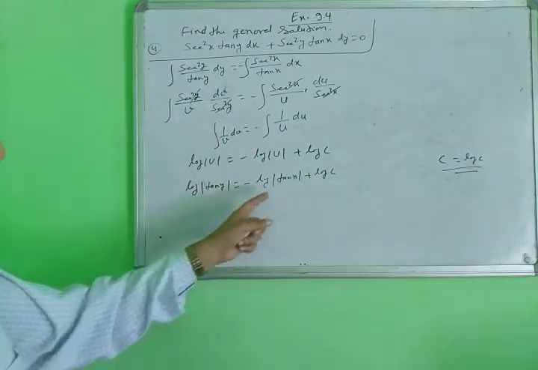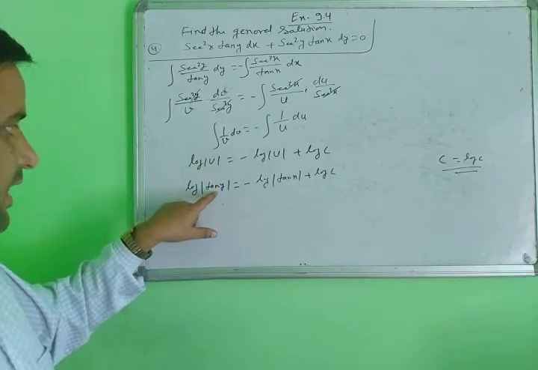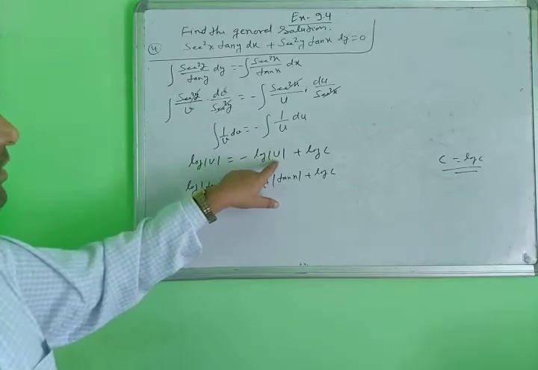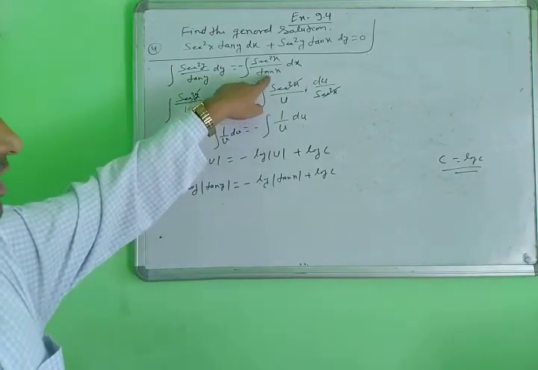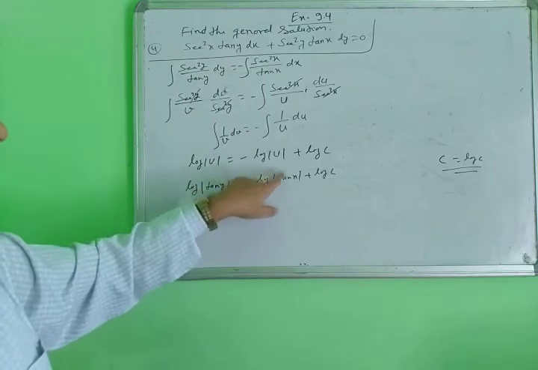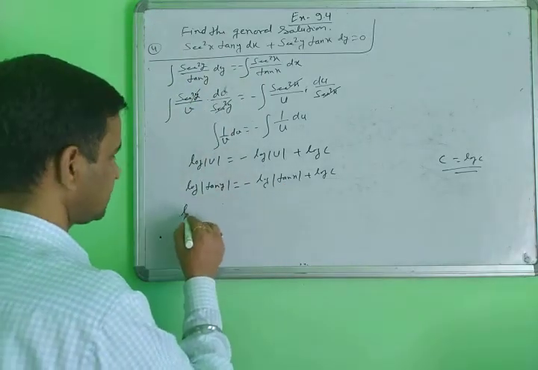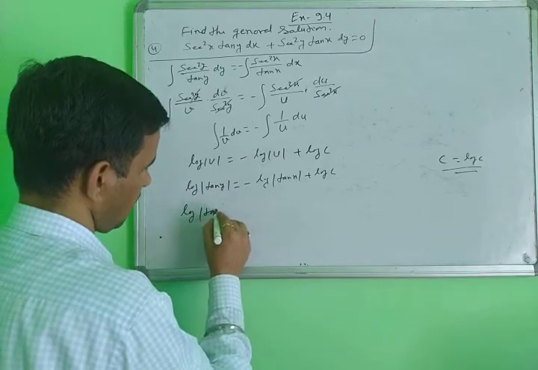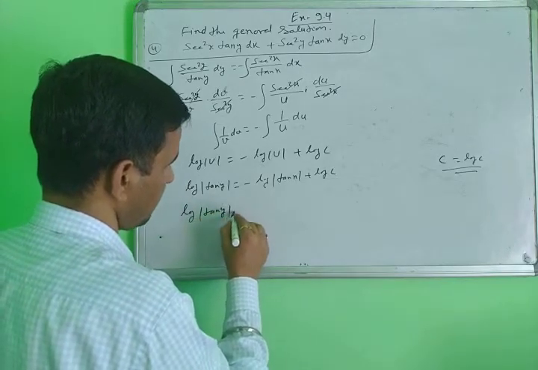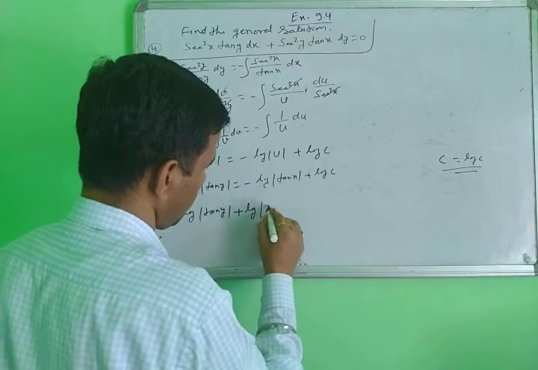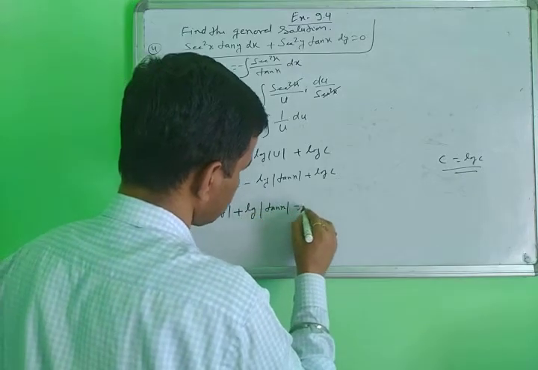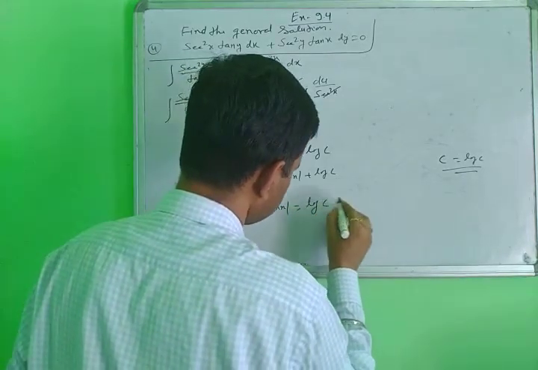Here tan x is put as u and tan y is put as v. Transposing to the left side, log tan y plus log tan x equals log c.